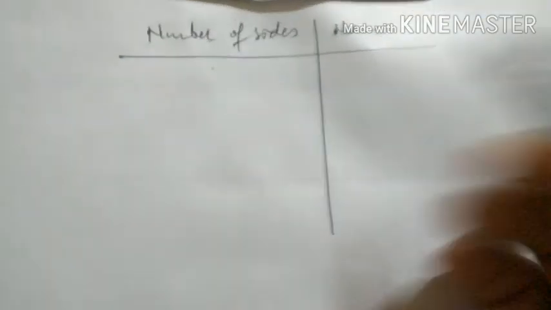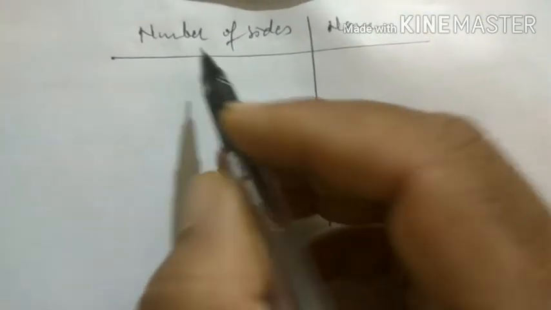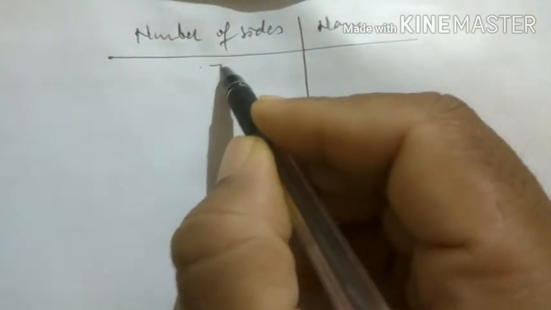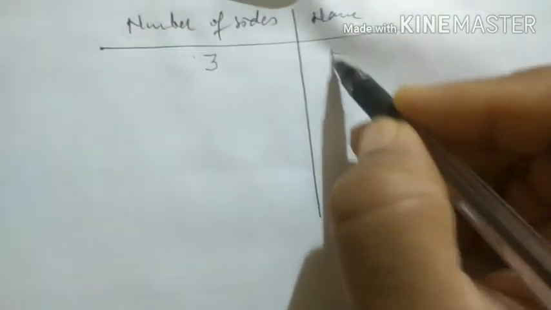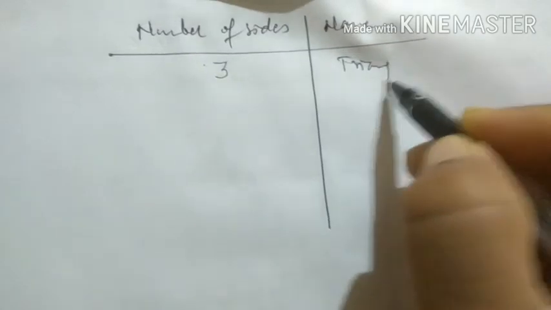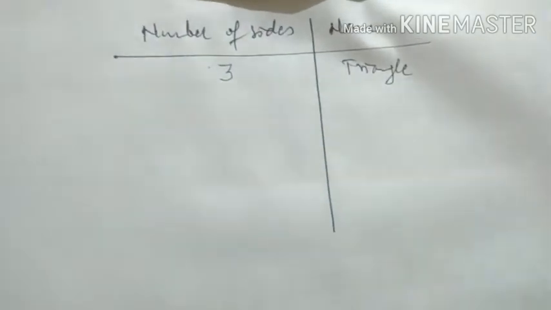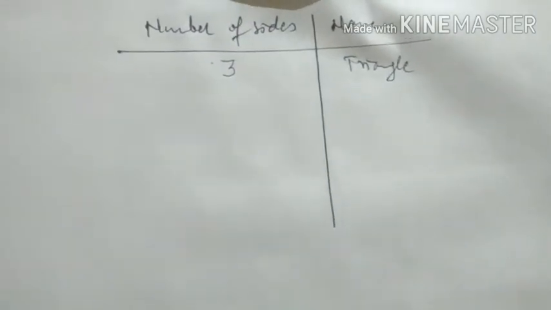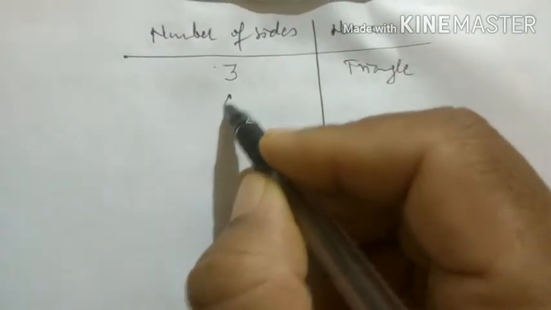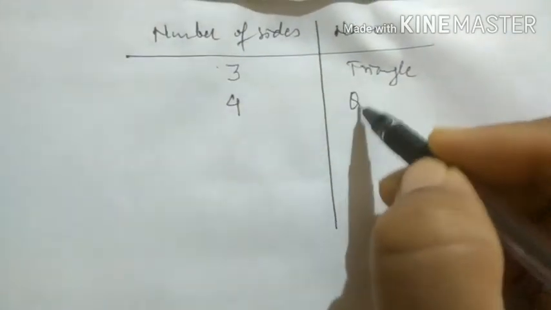Now we learn that when the number of sides in a polygon is 3, it is called a triangle. Note that a triangle is always convex. A triangle cannot be concave. When the number of sides is 4, it is called a quadrilateral.